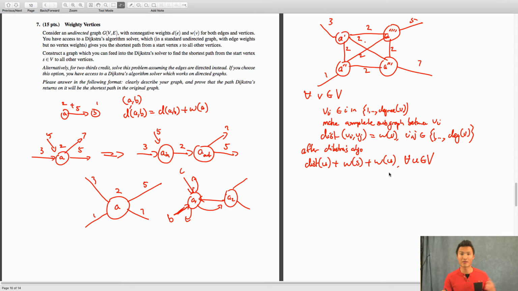So that's going to be like, okay, if I'm leaving s and I'm stopping at u, I'm now accounting for those vertex weights as well. So it's a simple fix here.